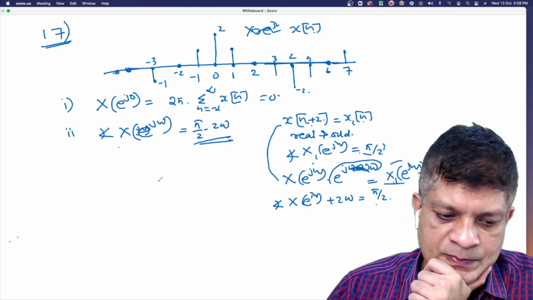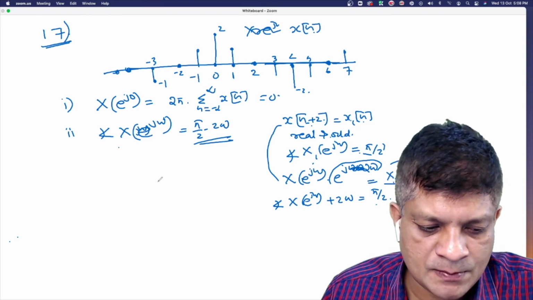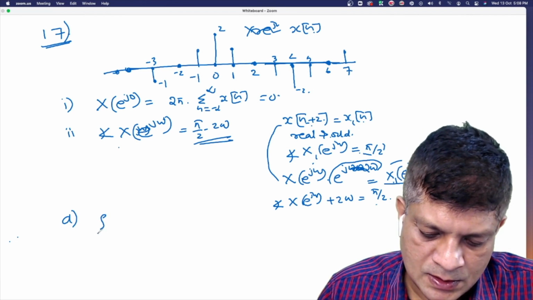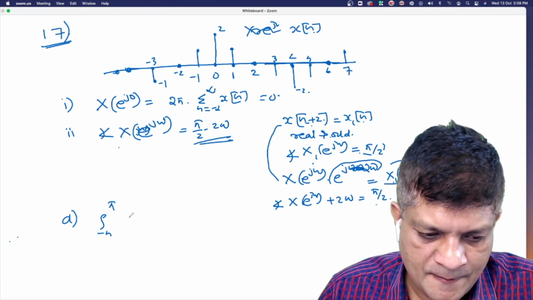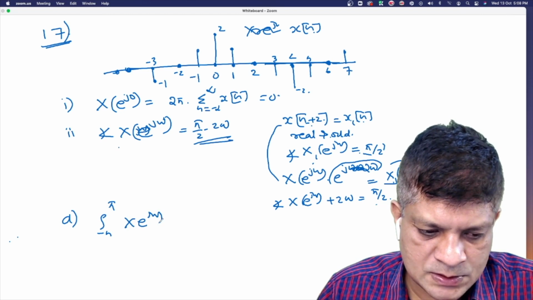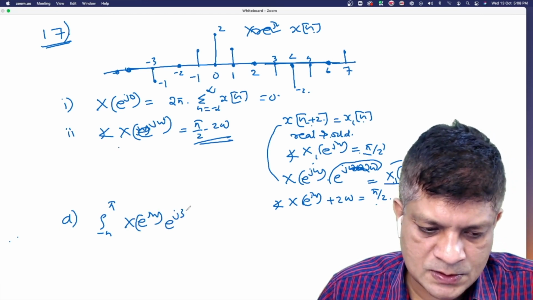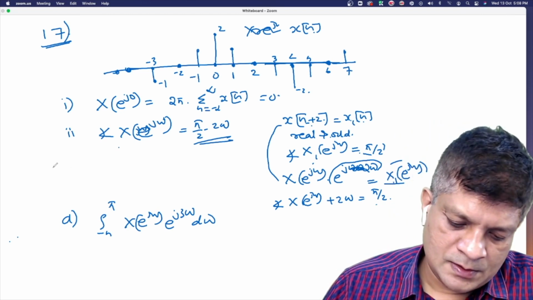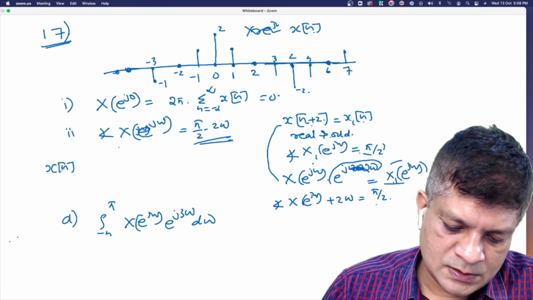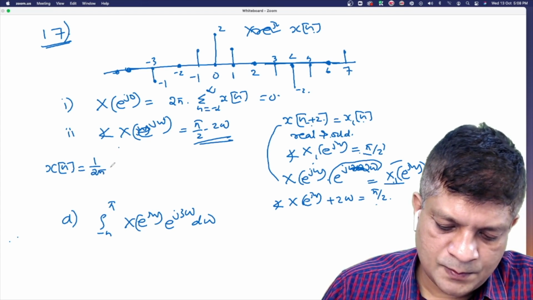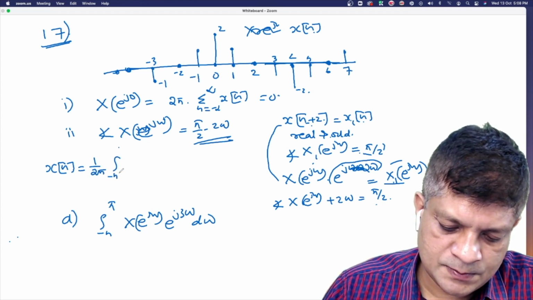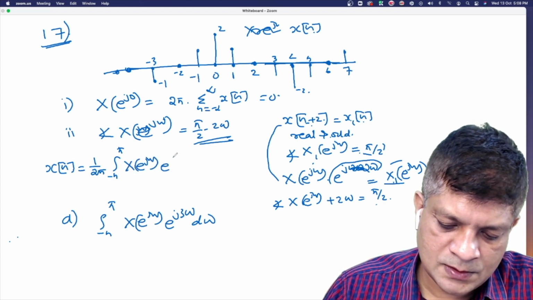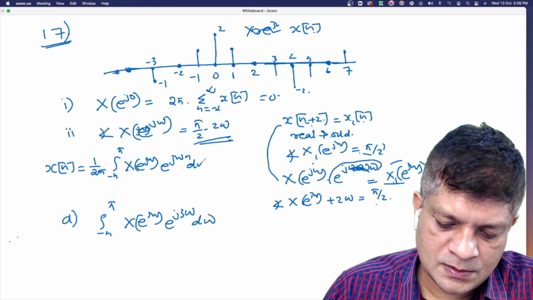Yes, sir. Okay, third part is Parseval's theorem. And what about this? Integral from minus pi to pi of X(e^{jω}) e^{j3ω} dω. Let me write this. x[n] is 1 upon 2π integration from minus pi to pi of X(e^{jω}) e^{jωn} dω.